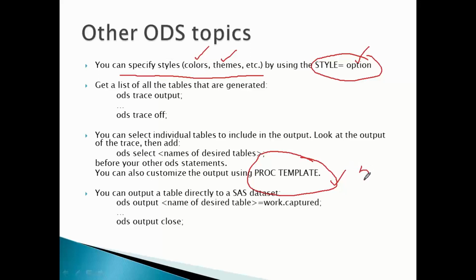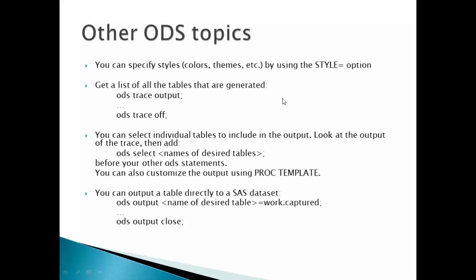In this version, that is SAS Studio, we have almost 57 themes available. In the older version, there are around 32 styles. Just by style equals the style name, if you enable it, you'll have a change in the theme of your output. So that can be enabled by this ODS facility, right? So this is one other point.